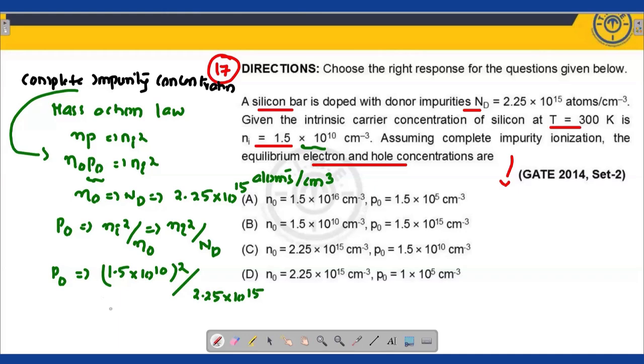Then how much are you getting, my dear students? You are getting the p0 value equal to 1 into 10 power 5 per centimeter cube.